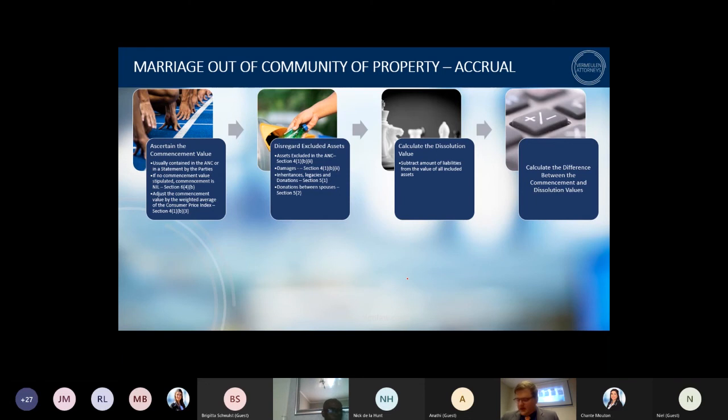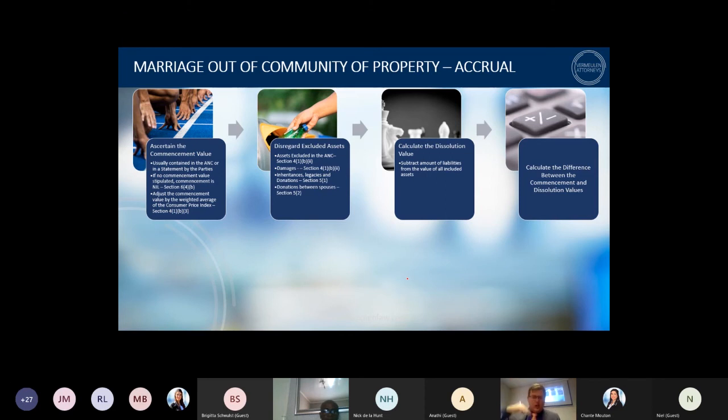Okay, then once you have ascertained the commencement value, now you go on to the second leg, and you have to then calculate, what am I worth now? That takes a calculation of net asset value. What are your assets minus your liabilities?